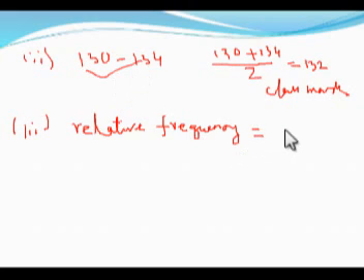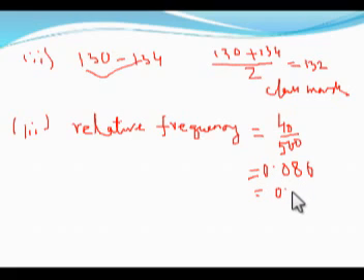So we will just divide 40 by 500. If we multiply both sides by 2, this will be 80 over 1000. So this is 0.08. This is the relative frequency.